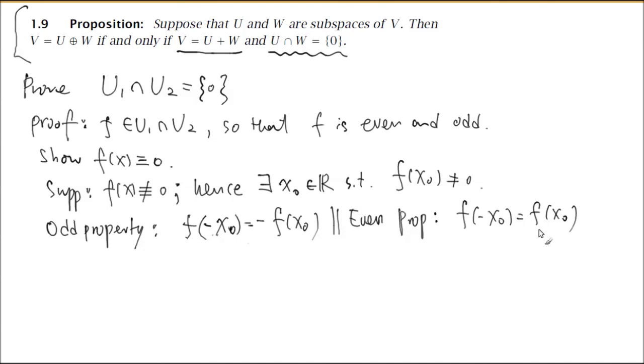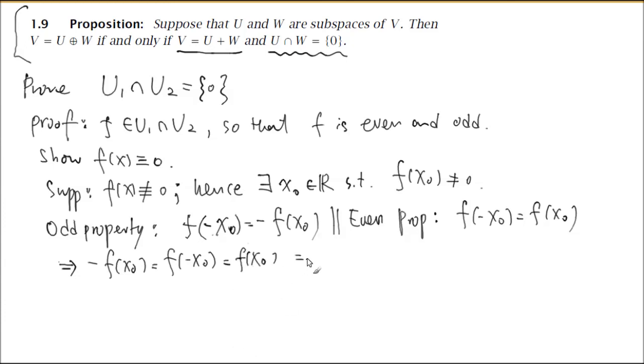So, some conclusion you can draw here? Well, negative f of x0 is f of negative x0, and at the same time that is f of x0.